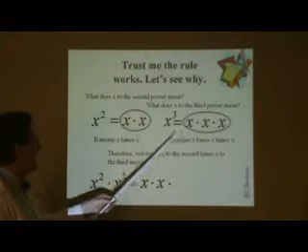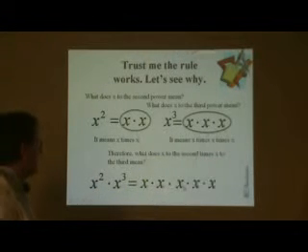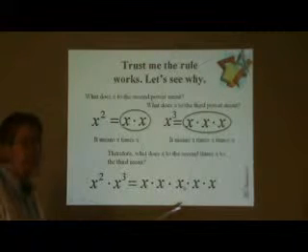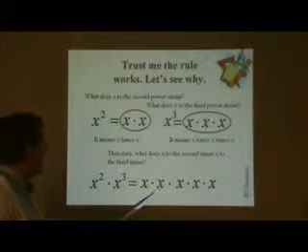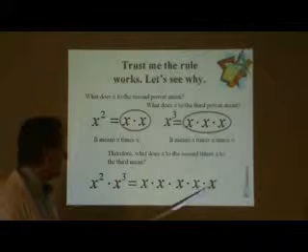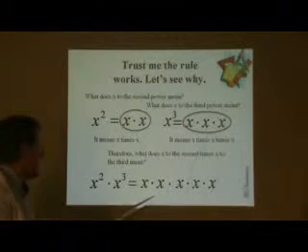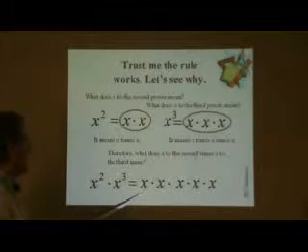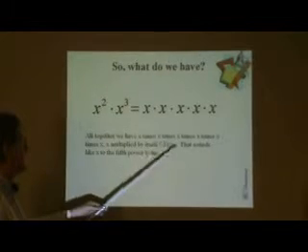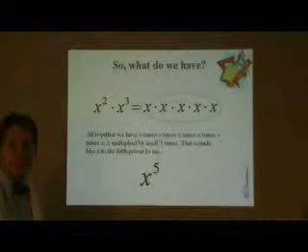Here's x to the third power. I'll pop into place there. Wow, what do I get? I get x times x times x times x times x. X times itself 5 times. Altogether we have x times itself 5 times. That sounds like x to the fifth power to me.